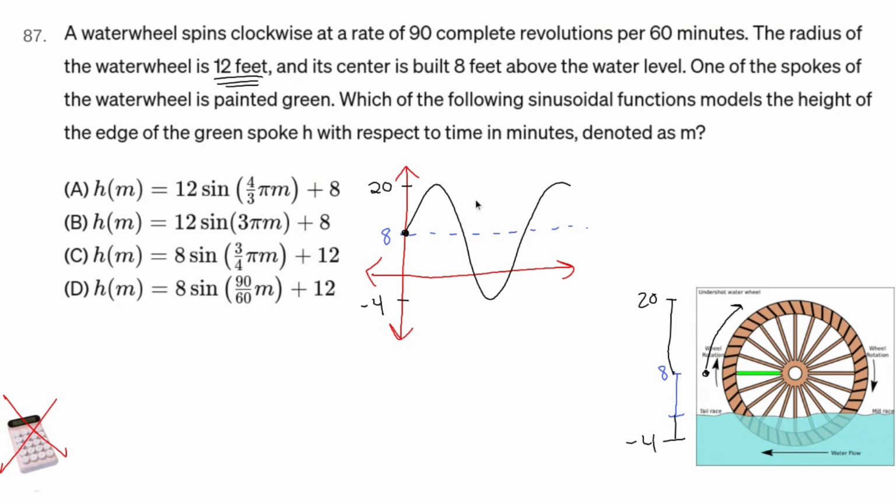Now, what this means is as I start to build this equation, I know one thing I don't have. What I do have is an amplitude and a midline. What I need to do is figure out what my period is.